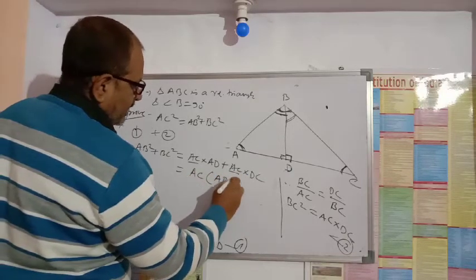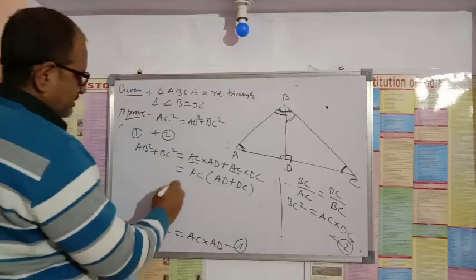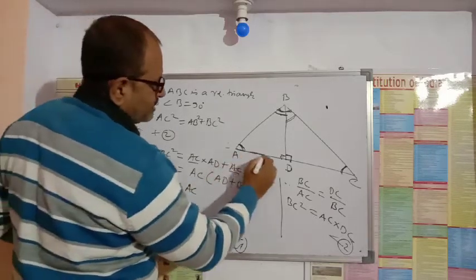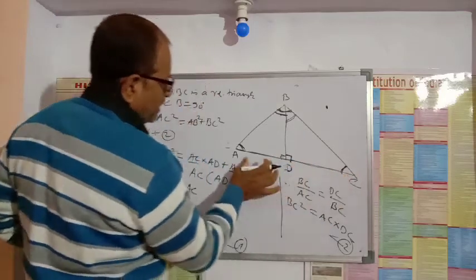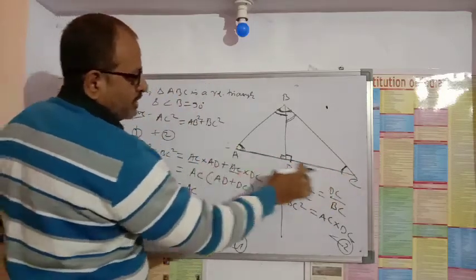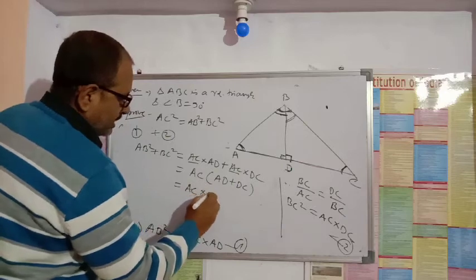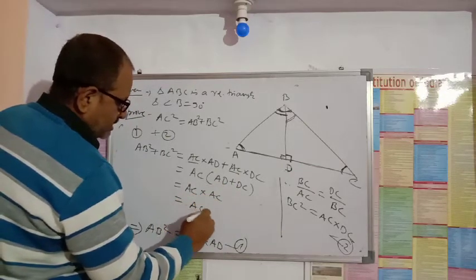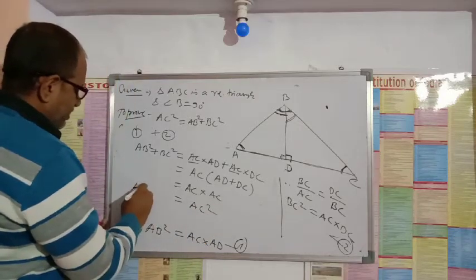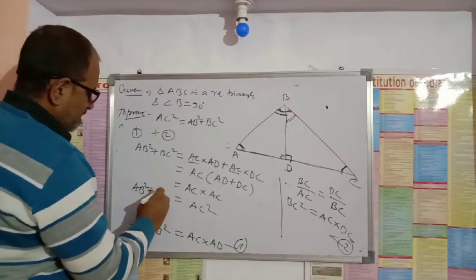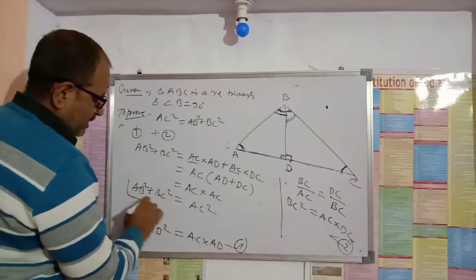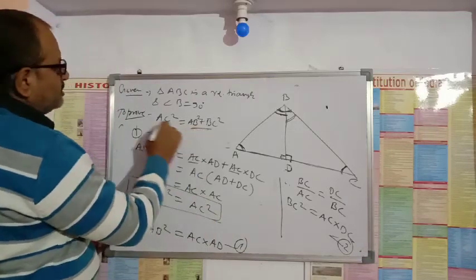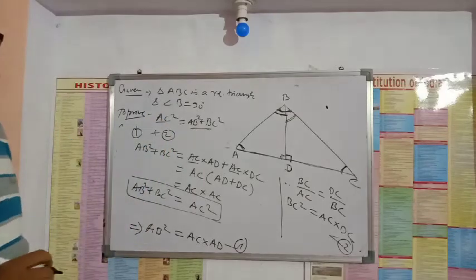So we will get AC into AD plus DC. See the figure. What is the sum of AD and DC? It will be equal to AC. So AC into AC is AC square. So AB square plus BC square is equal to AC square.